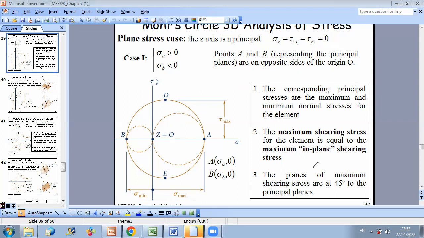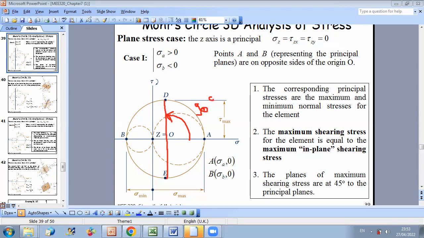And to find the orientation of the planes of maximum shearing stress, all I have to do is rotate 45 degrees from the principal planes, because as you can see on the Mohr circle, I'm rotating from the principal planes towards the axis of maximum shear by an angle of 90 degrees. So on the actual element, I am rotating an angle of 90 over 2, which is equal to 45 degrees.